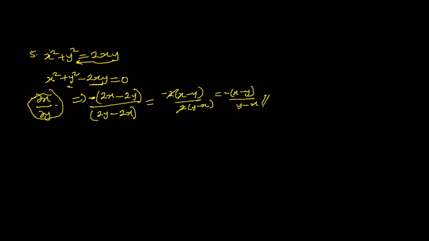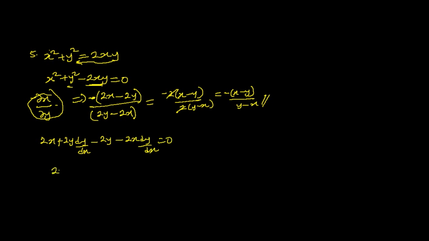We're going to differentiate all of this now. We have 2x plus 2y dy/dx minus, differentiating this now, we have 2y minus 2x dy/dx equal to 0.